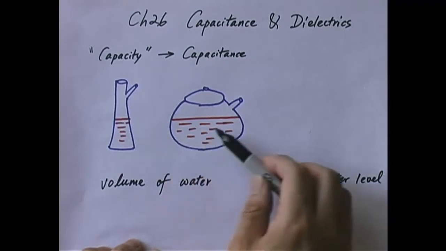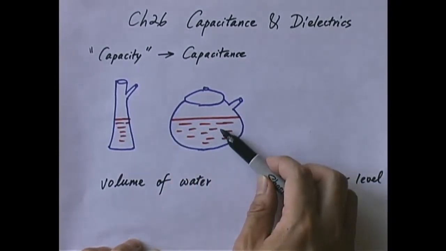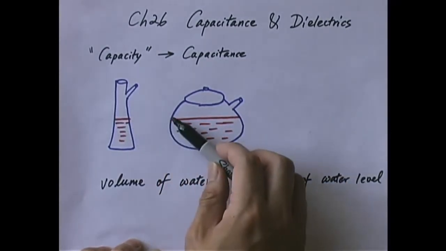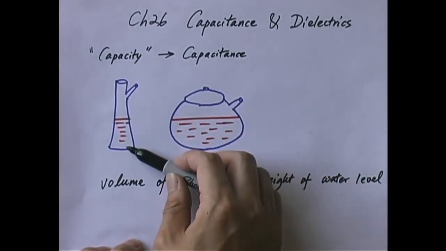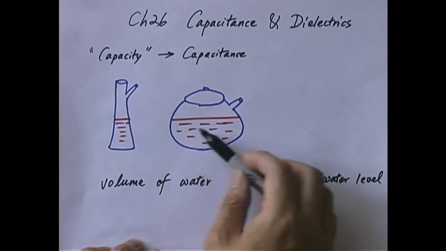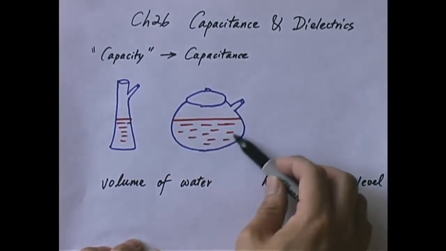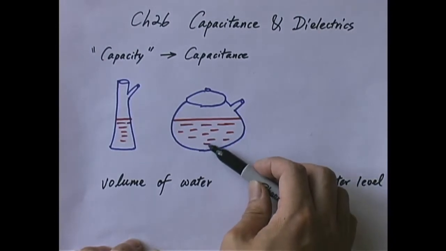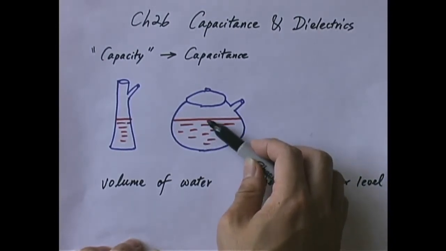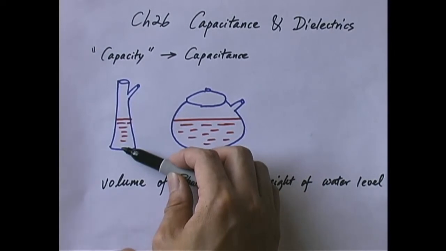But due to the different shape of these two containers, even if they have the same water level, they're not necessarily going to contain the same amount of water. Obviously, in this case, you can contain more water, even though the water level is the same as that of the other container.